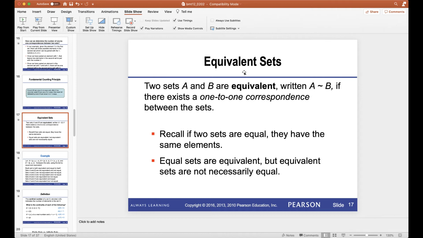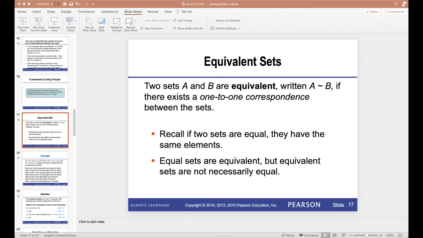So, for example, let's say set A is equal to {1, 2, 3}. And set B, just like we said, order doesn't matter, {3, 2, 1}. So are these 2 sets equal? Yeah, they have the same elements.